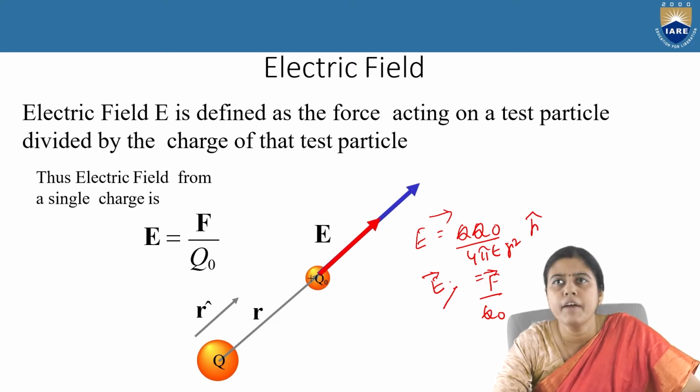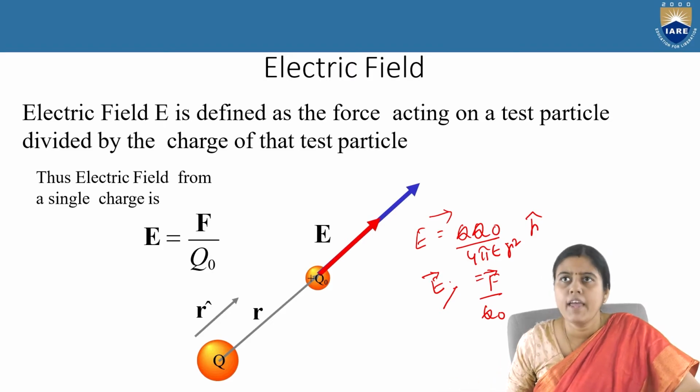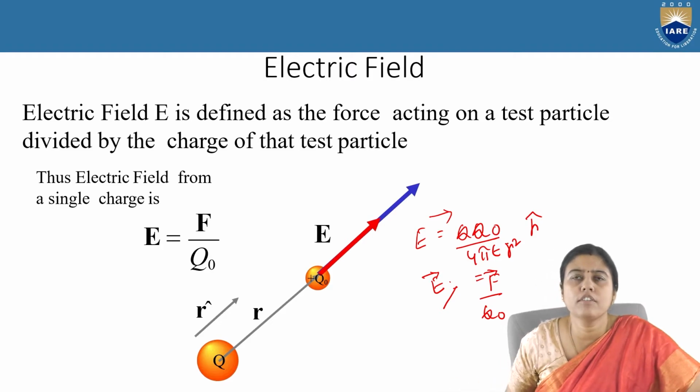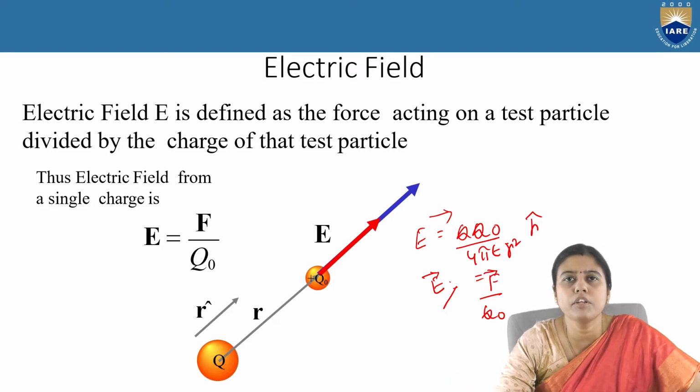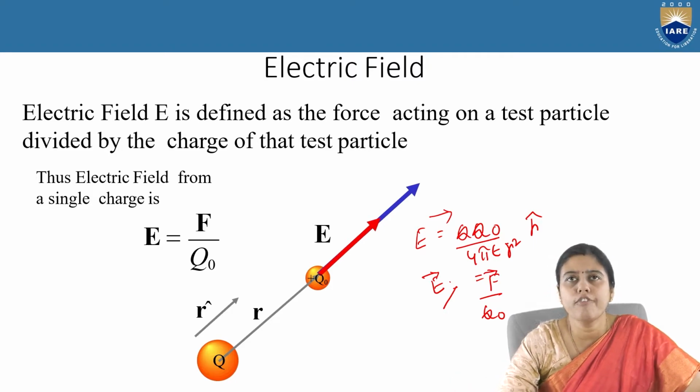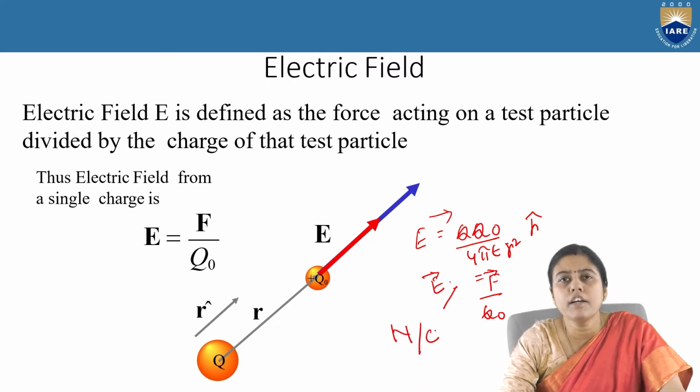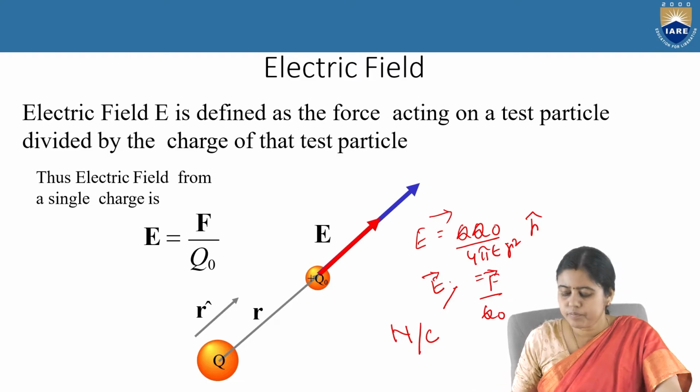So it will come Q by 4 pi epsilon R square. This is called the electric field. What will be its unit? The unit of force is Newton, so its unit should be Newton per Coulomb.